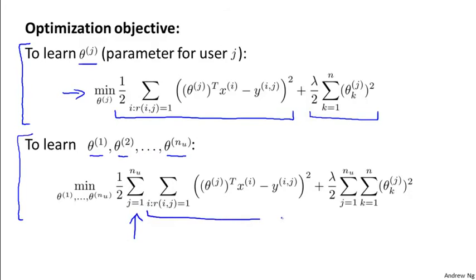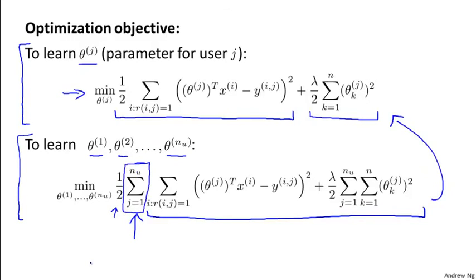This expression with the 1/2 on top is exactly the same as what we had on top, except that now instead of just doing this for a specific user theta j, I'm going to sum my objective over all of my users and then minimize this overall cost function. When I minimize this as a function of theta 1, theta 2 up to theta nu, I will get a separate parameter vector for each user, and I can then use that to make predictions for all of my n subscript u users.